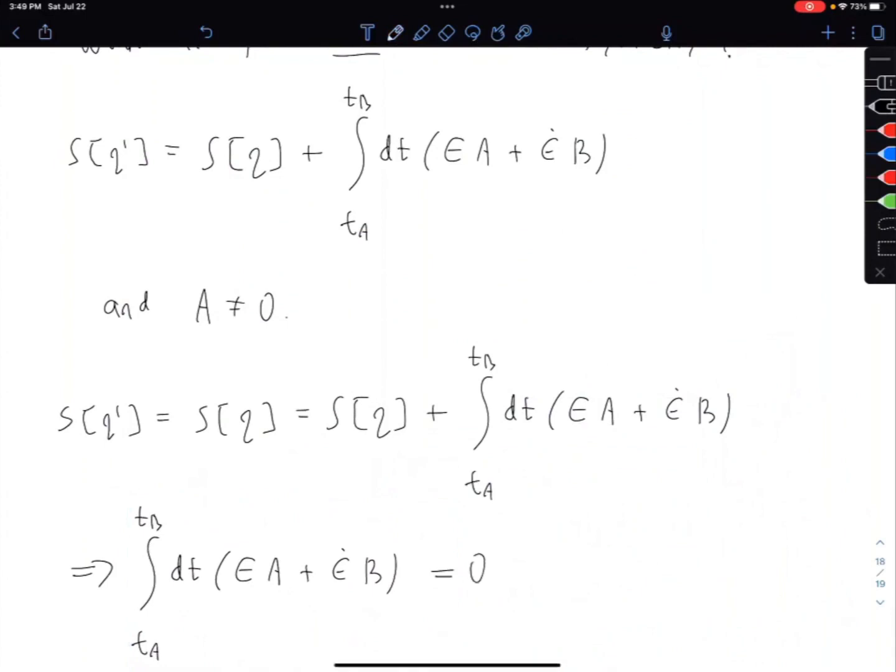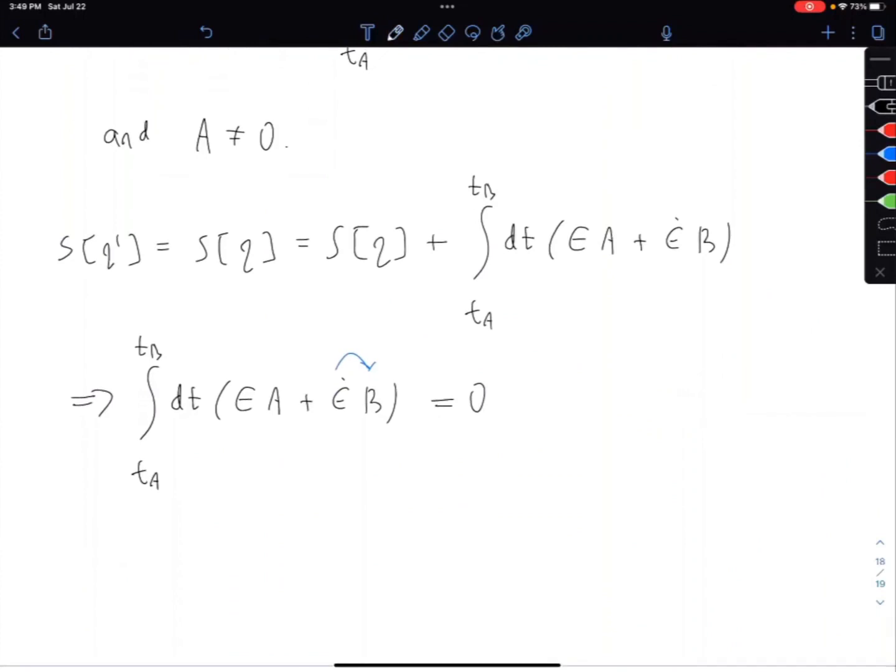Then I just integrate this by parts, and under the integral I get epsilon times A minus B dot, which will then imply that B dot is equal to A. So even when you don't have a symmetry, Noether's theorem is still useful.